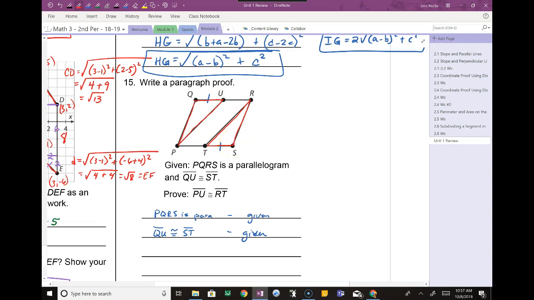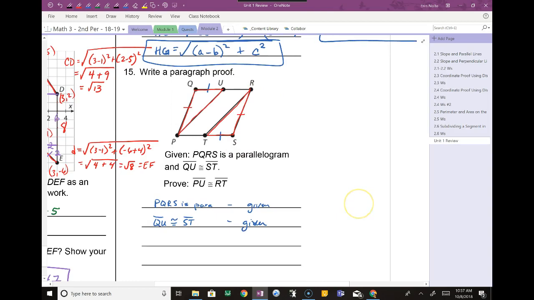So for me to do that, I need to say that PQ is congruent to SR. And we can say that because PQ is congruent to RS, since we're working with a parallelogram, opposite sides are congruent.